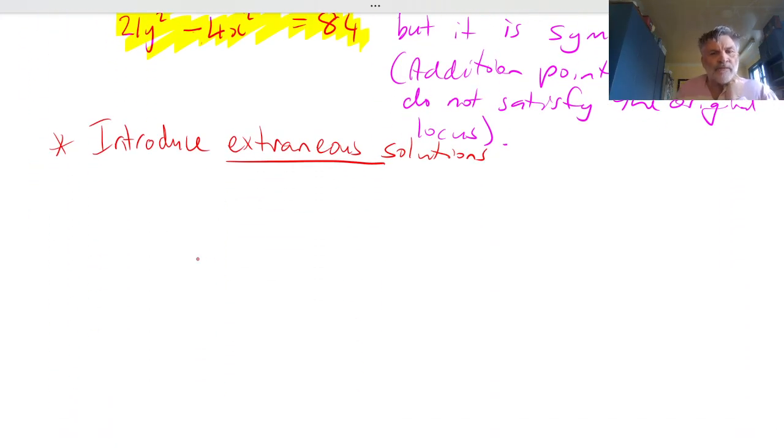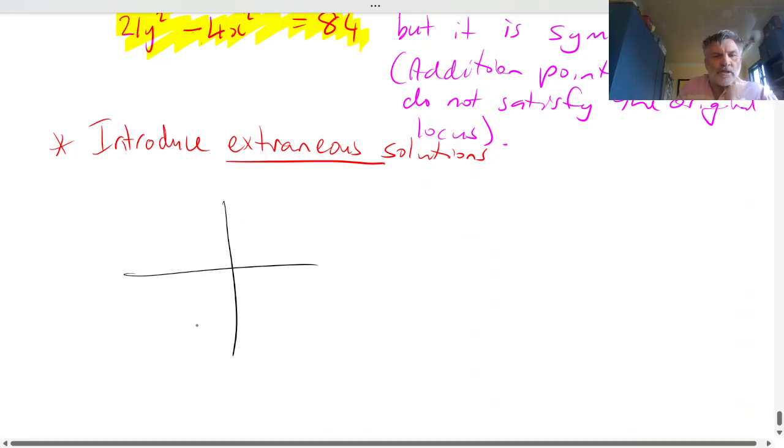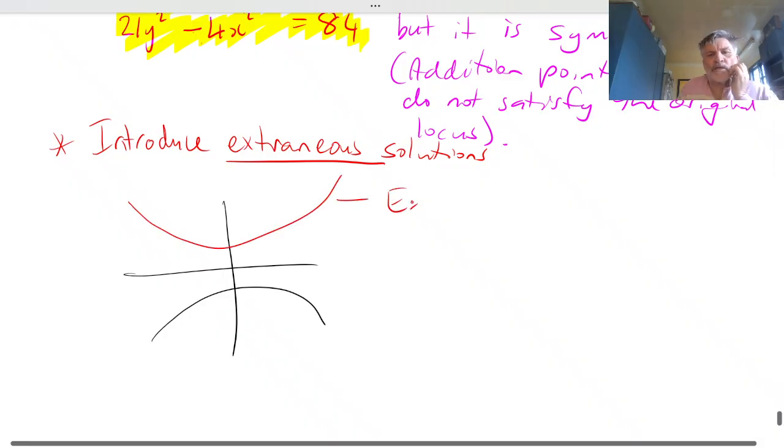In this case, the extraneous solutions is a whole branch of the locus that doesn't exist in the original question. So this is the original, and these bits are extraneous.